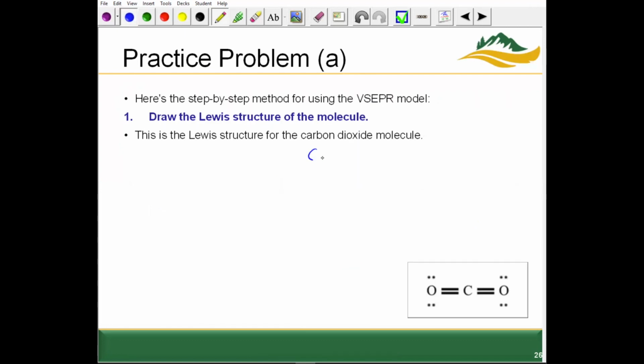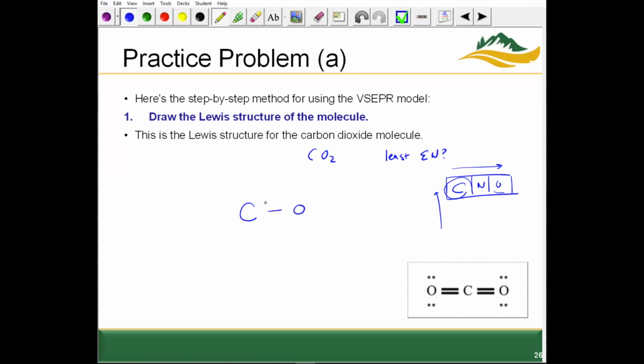To draw the Lewis dot structure for carbon dioxide, we need to first figure out what's the least electronegative atom and put that one in the middle. Electronegativity increases going left to right. It also increases going up a group. Carbon then is less electronegative than oxygen, so we'll put carbon in the middle.